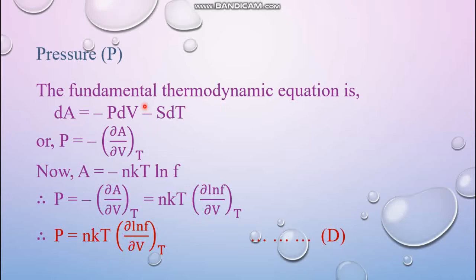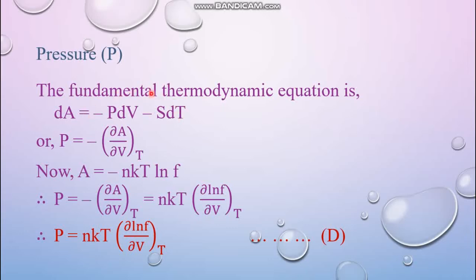Suppose you have four fundamental thermodynamic equations: the expression of dG, dA, dH, and dU as well. The expression of dG was V dP minus S dT. Similarly dA equals minus P dV minus S dT. So all have their expressions.